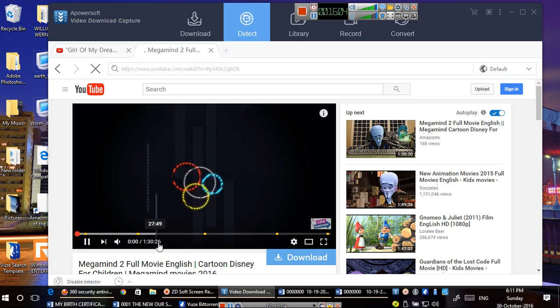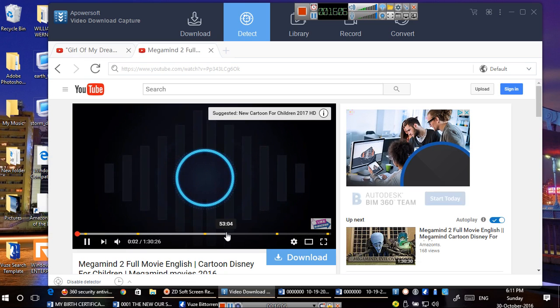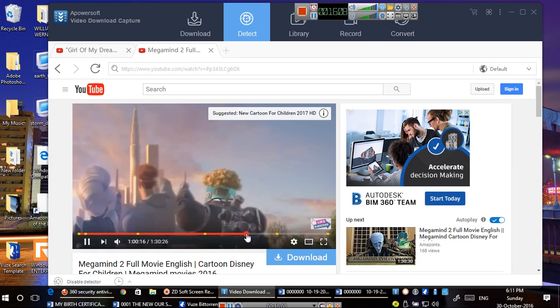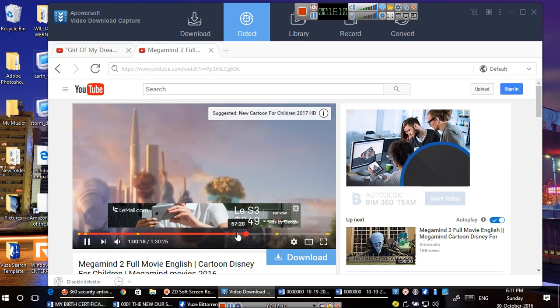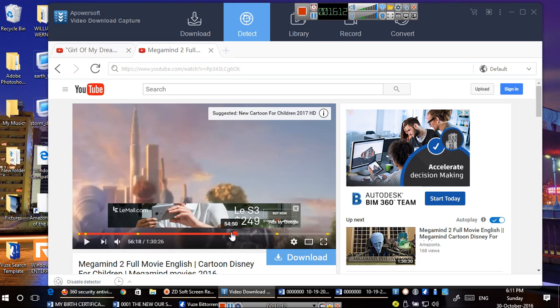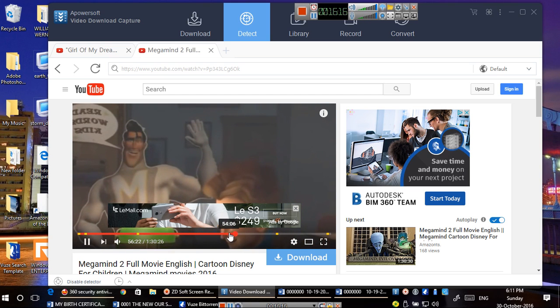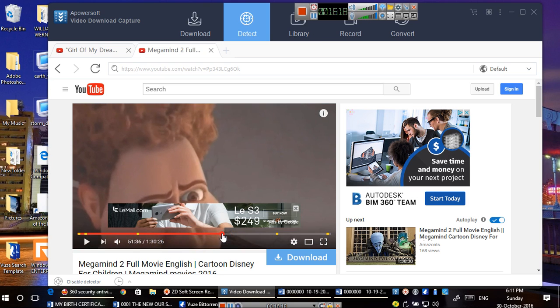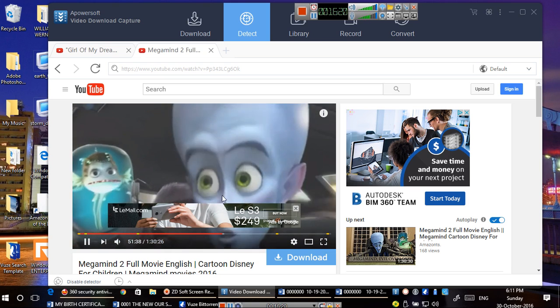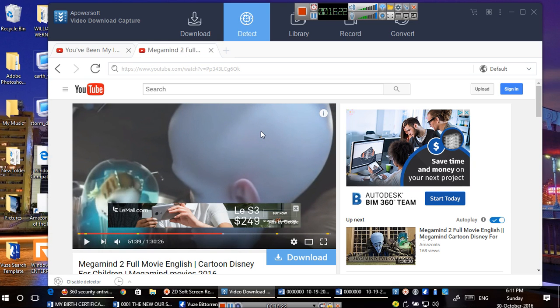Megamind. I was watching it earlier. I've already downloaded it, and I think I got to about here where Captain or whatever that idiot's name, that one right there, where he's dead. They can't find him. They don't know where he be. So this is about where I got to. So I'm gonna pause it.